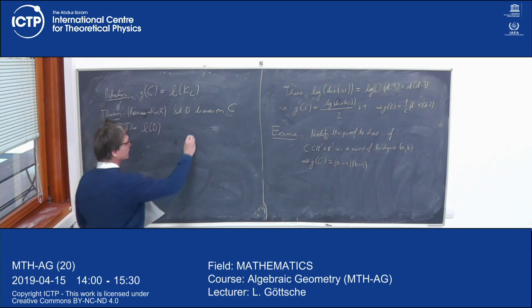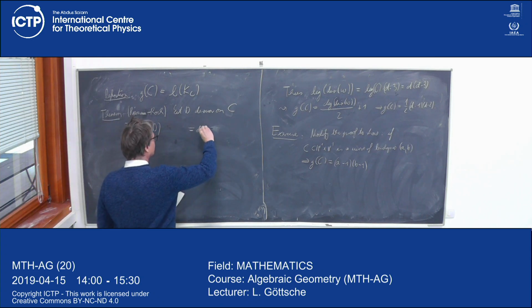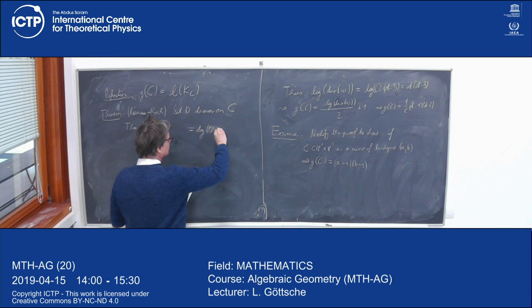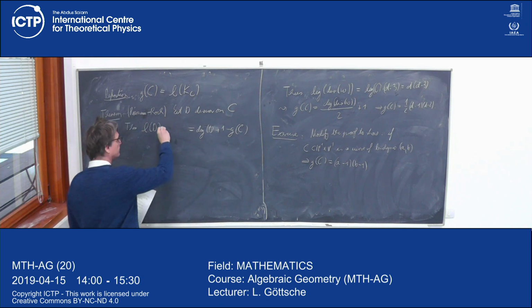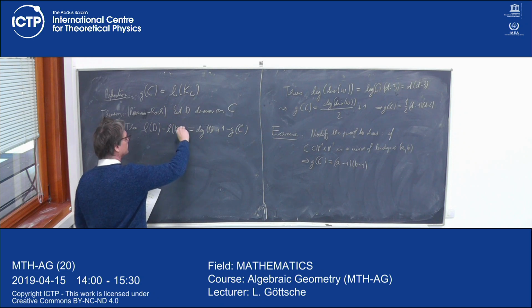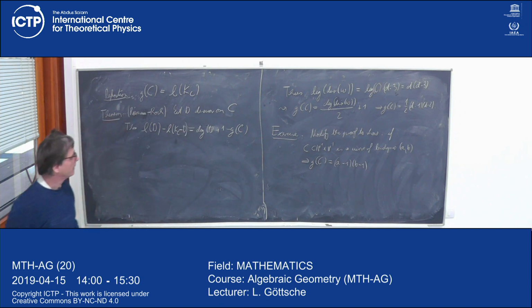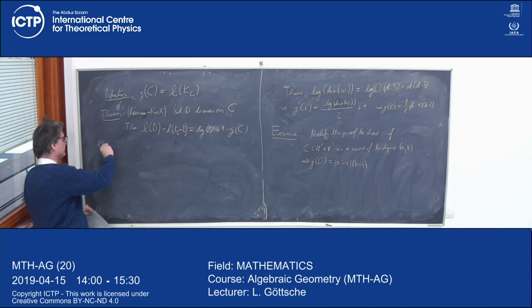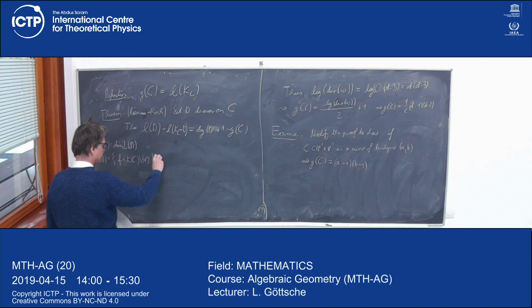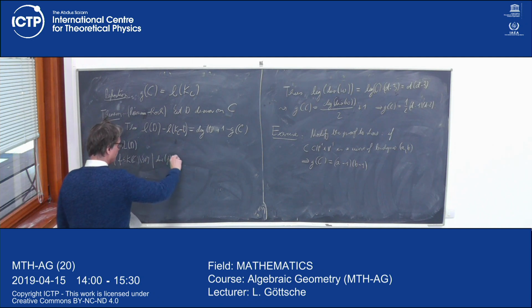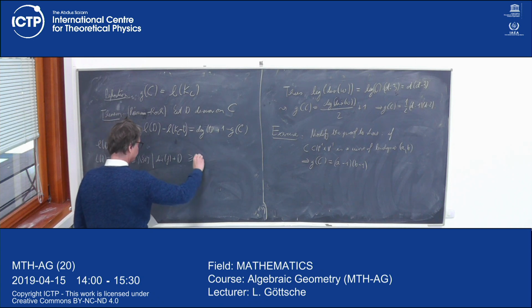Now that we can't, so one has something like this. This is equal to the degree of D plus 1 minus the genus of C. But there's an error term, and this is l of Kc minus D. So l of D is the dimension of what I call L of D, and L of D was the set of all f in Kc, well, I have to add 0, such that the divisor of f plus D is effective.